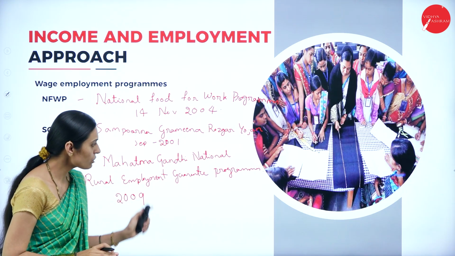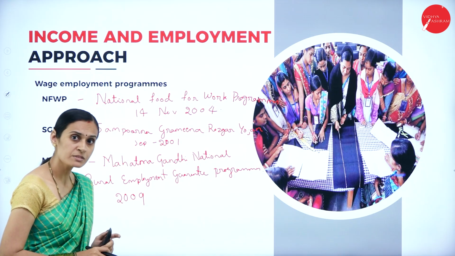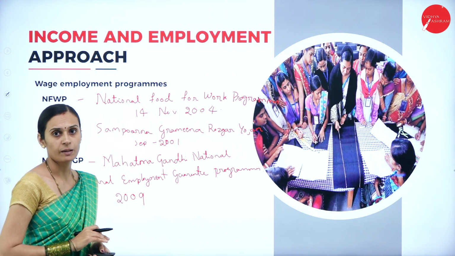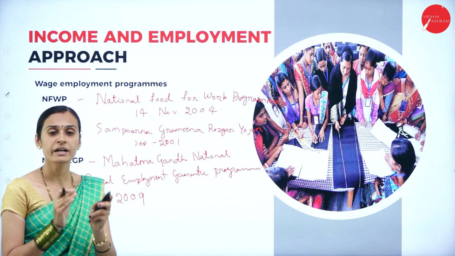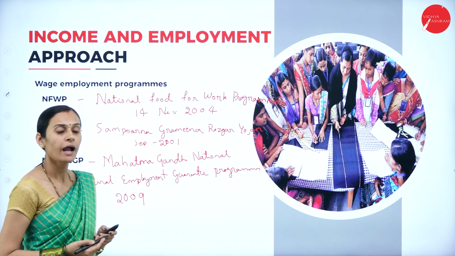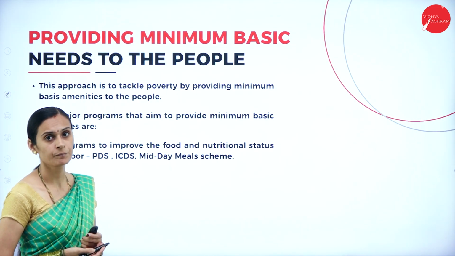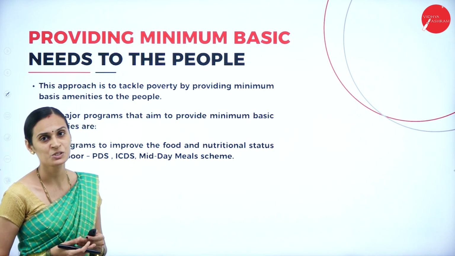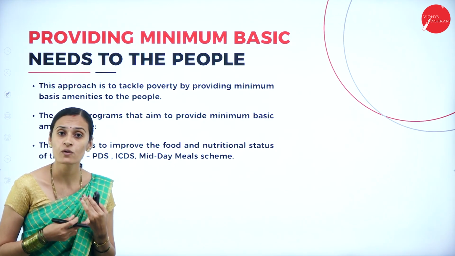Okay, so these are all important programs belonging to wage employment programs, which come under the income and employment generation programs. First, growth-oriented approaches, and second, income and employment generation approaches. And next, providing minimum basic necessities to the people, by increasing public expenditure on social consumption.